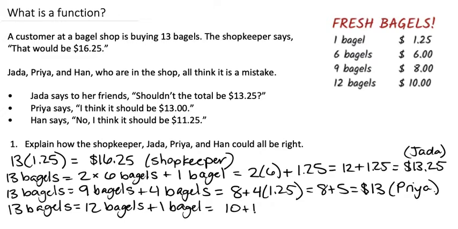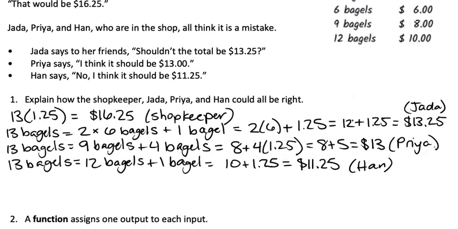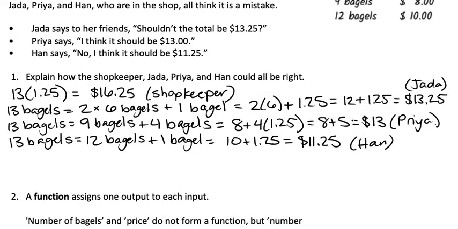The additional bagel would cost $1.25. And so that would give me a total cost of $11.25. And that must be the method that Han used. So they all calculated it differently.